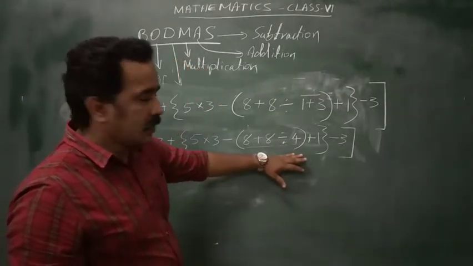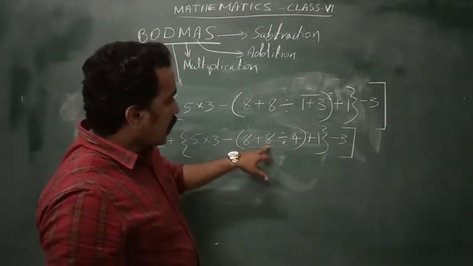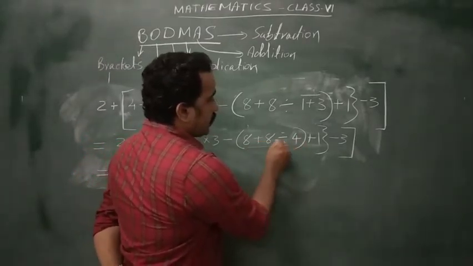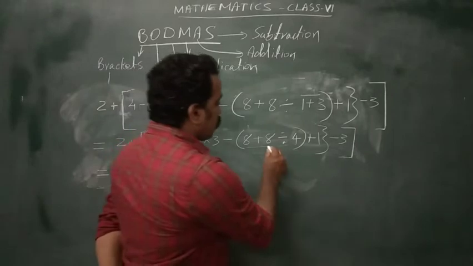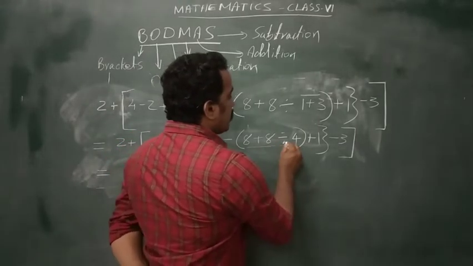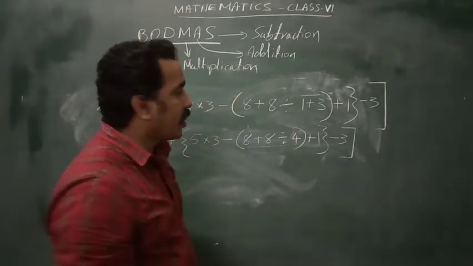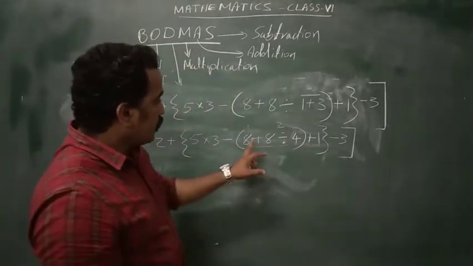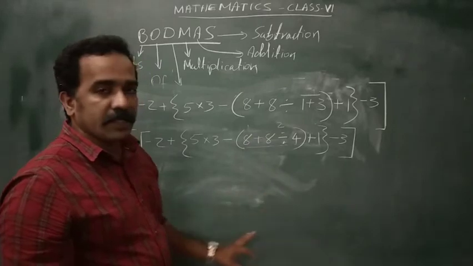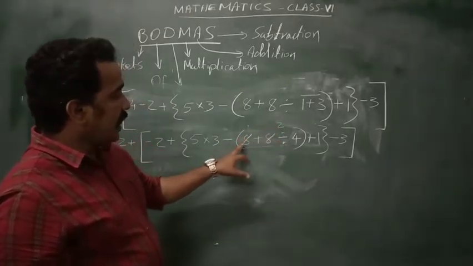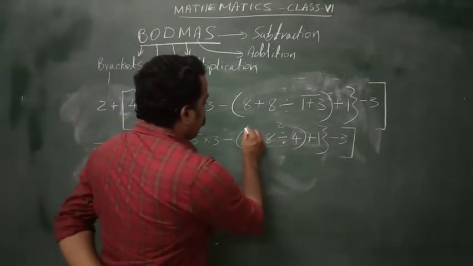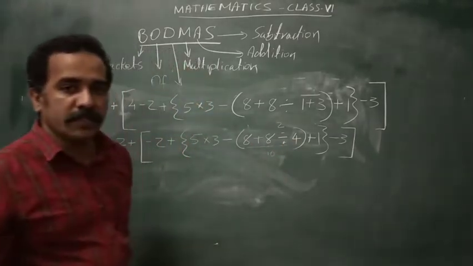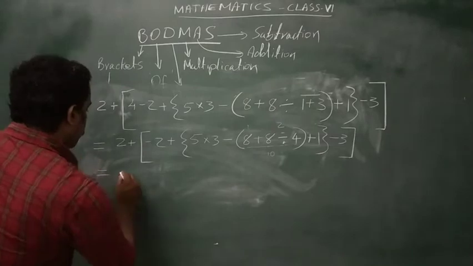How can we do this? In this expression, addition and division are there, so division you have to do first. 8 divided by 4 is 2. Then 2 plus 8 is 10. So the value of this parenthesis is 10. Isn't it? So you have to do that in the next step.